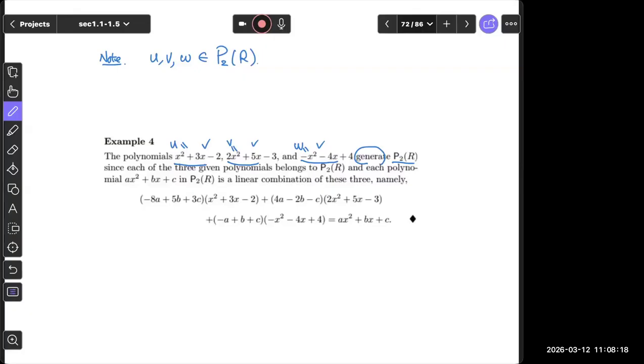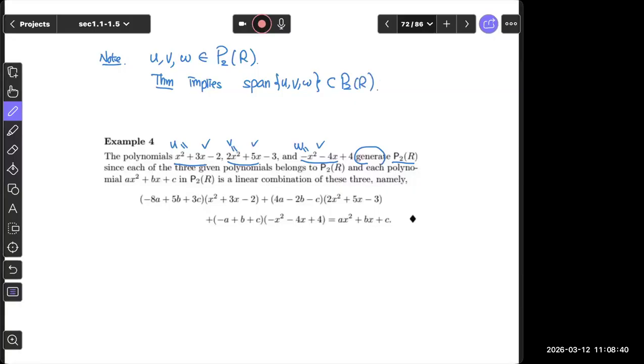Then the previous theorem implies the span of those three polynomials will be a subspace of P2.